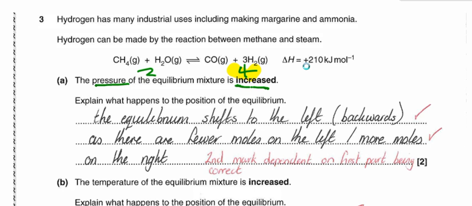So what will happen to the position of equilibrium if the temperature is increased? The equilibrium will shift towards the endothermic direction, so it will shift right to favour the endothermic reaction.